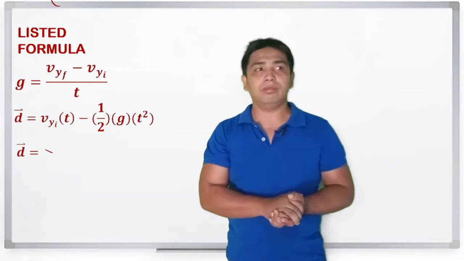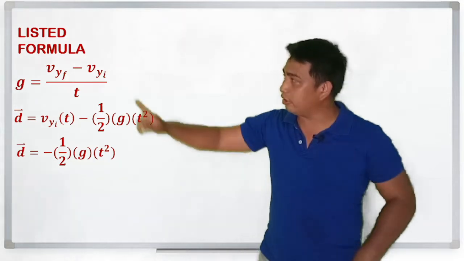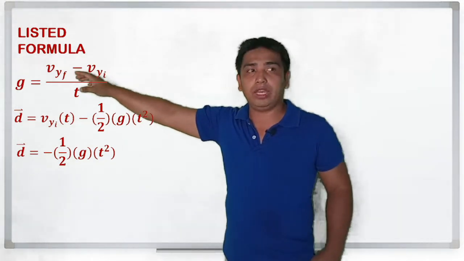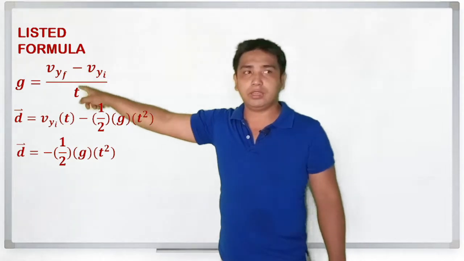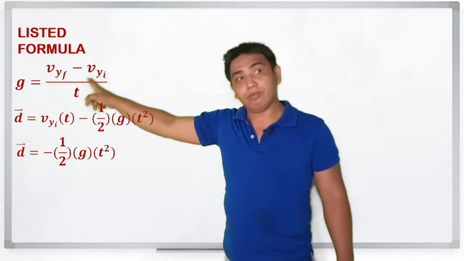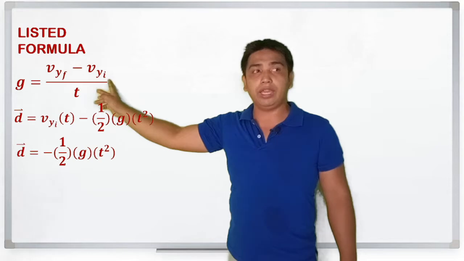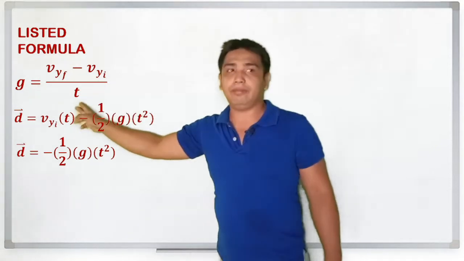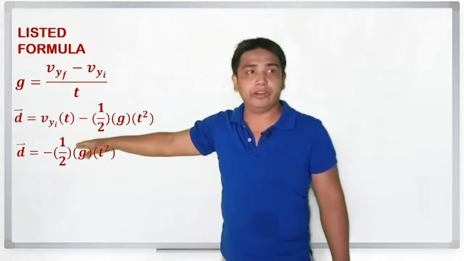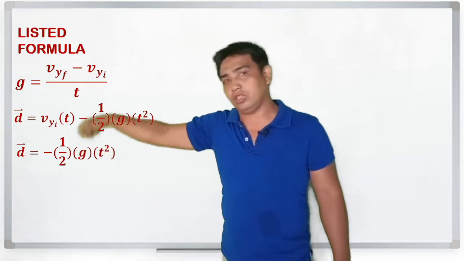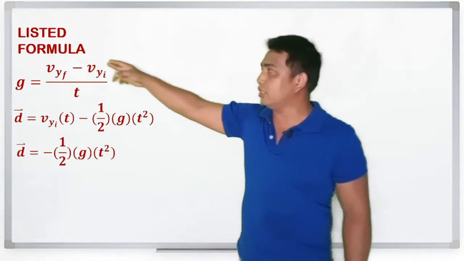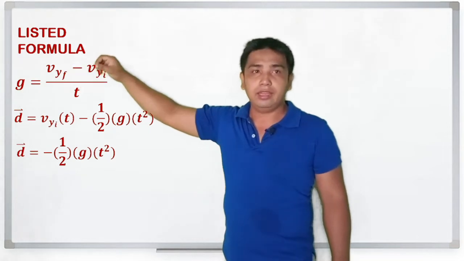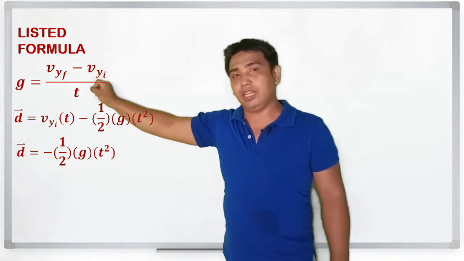We'll start by listing the formula and solving for the time for the ball to reach the maximum height. We know that the acceleration due to gravity is equal to v_yf minus v_yi all over time. There are other possible equations that we can use, but we will choose this one, because in this equation you will see that time is readily solvable.